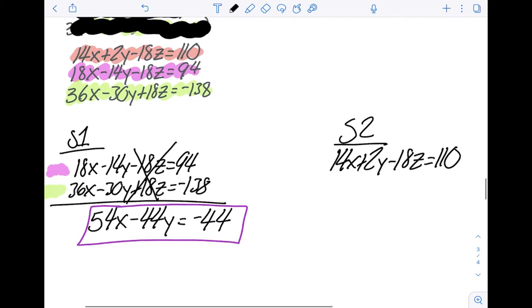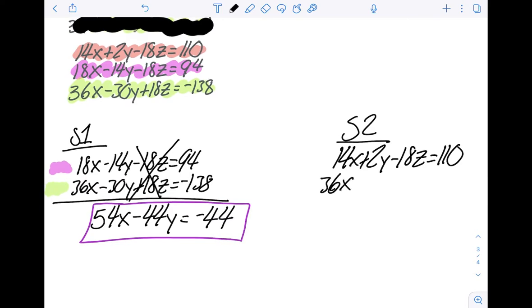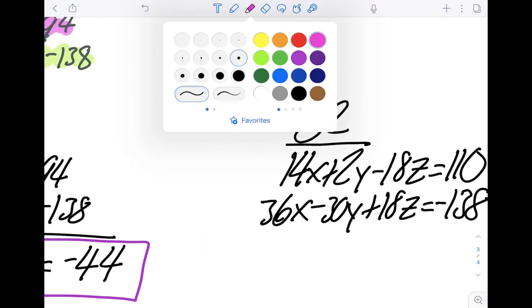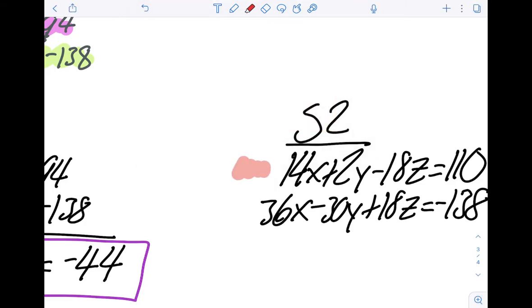And my green is 36x minus 30y plus 18z is equal to negative 138. And that's what that was, red and green, right? So this was red and this was my green.